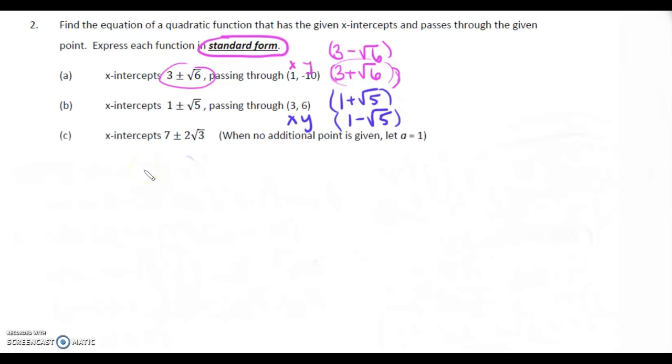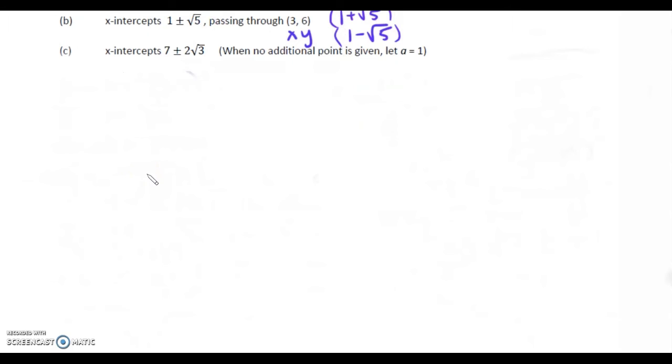Okay, so for 2c, we have two x-intercepts. They are 7 plus 2 root 3 and 7 minus 2 root 3. Okay, so there's no additional point, but a equals 1. So this is actually kind of already done for us.